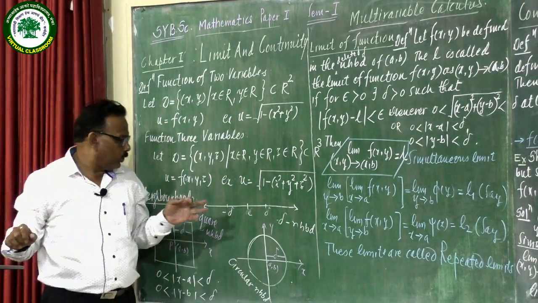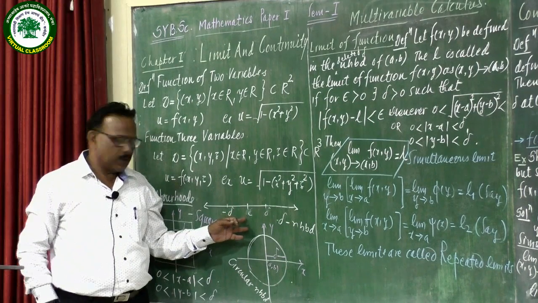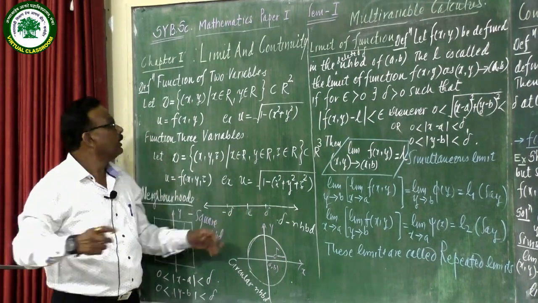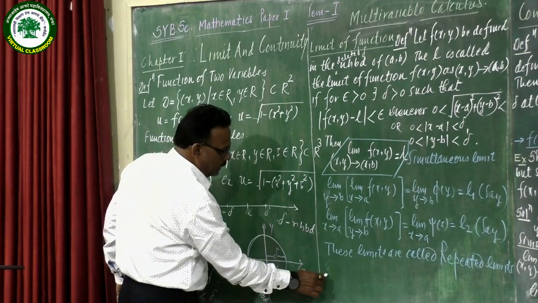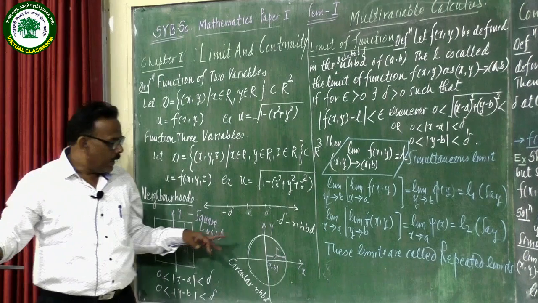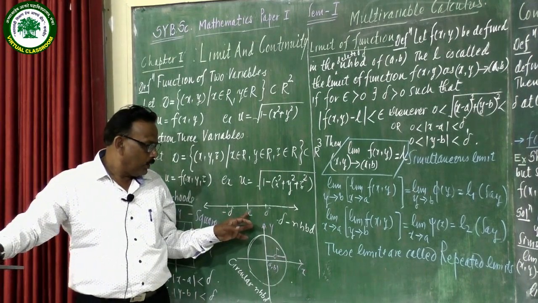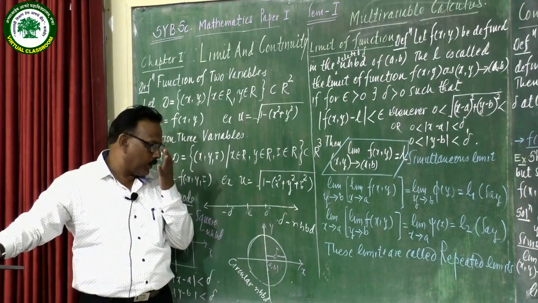For that, just we are observing that here for function of single variable we are considering limit as x tends to c. Always remember that while you are taking limit as x tends to c, that means x tends to c from left to right or from right to left.